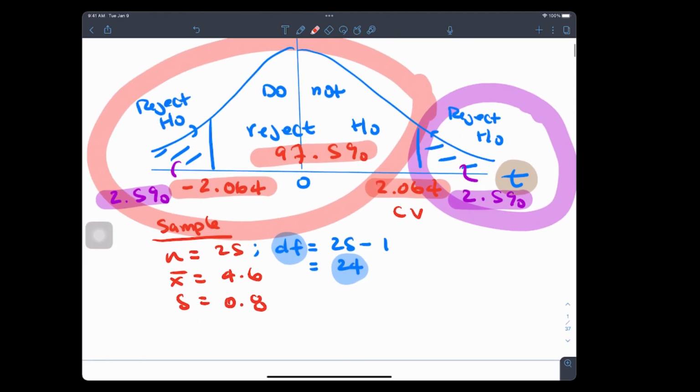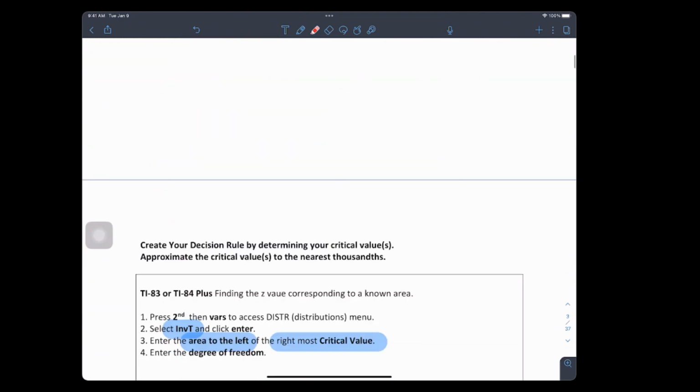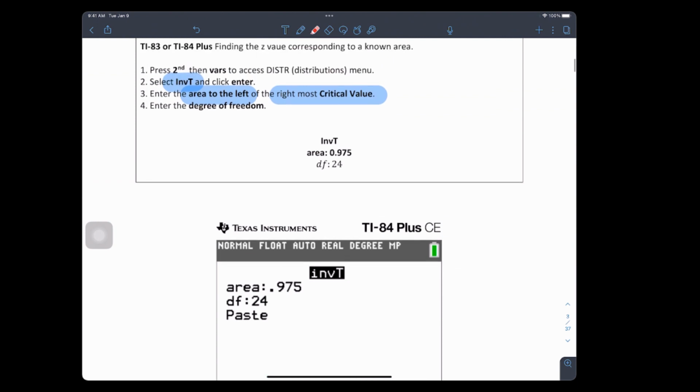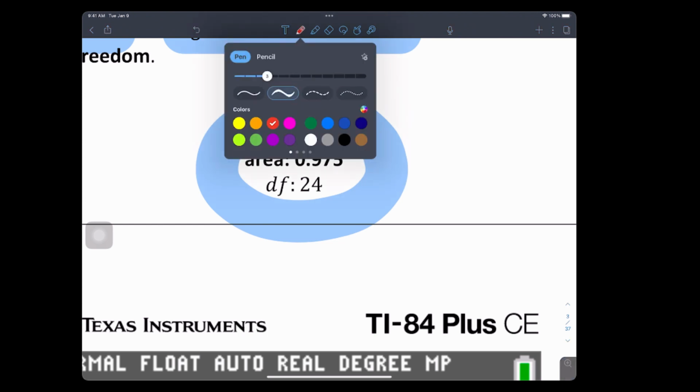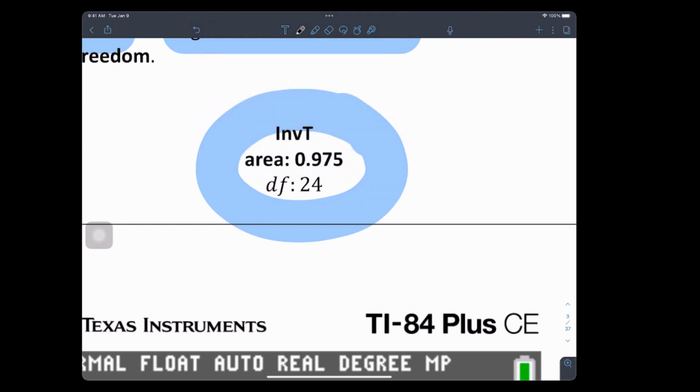Area to the left of the rightmost critical value. So I summarized it all right here. There it is. Notice my degree of freedom here is 24, 1 less than the sample size, because that's the definition. Remember we put that in our notes? So it's 25 minus 1, which is 24.